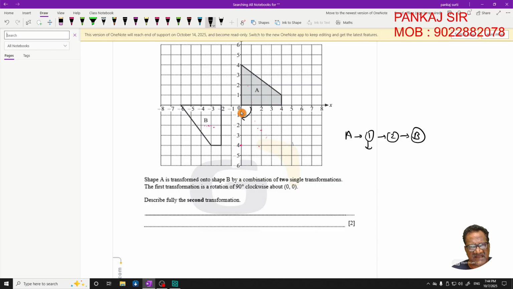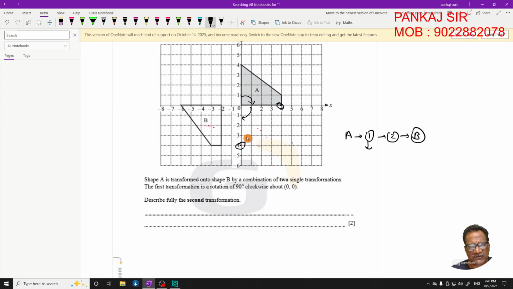This particular side will come onto this. Can you see this point will come to this point? Now this vertical line, when it moves 90 degrees clockwise, will become horizontal and fall over here. So this point will come over here.